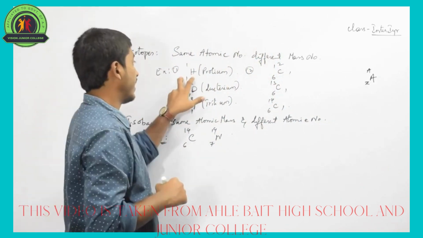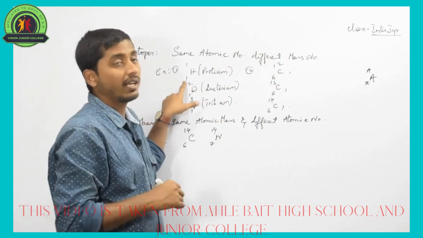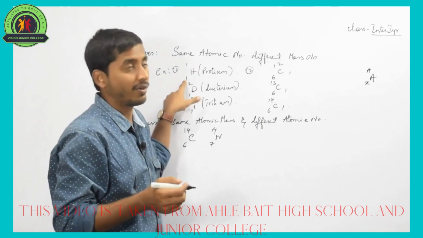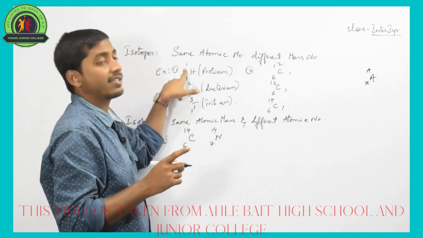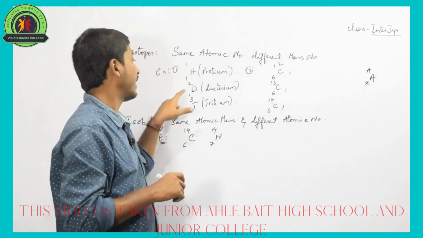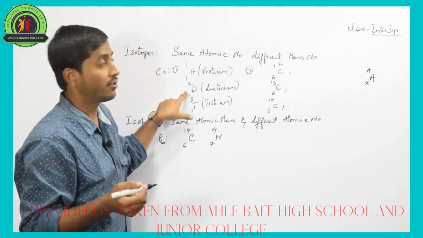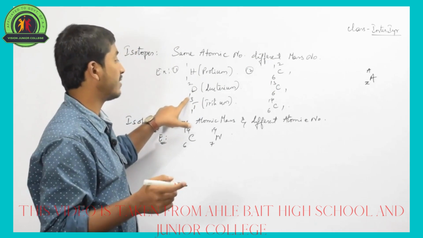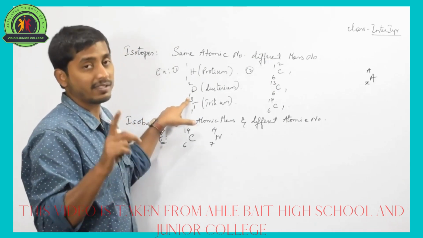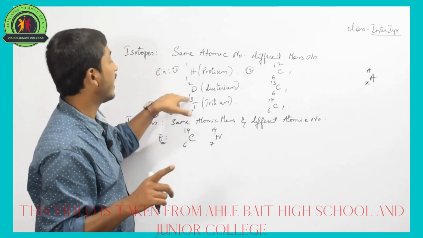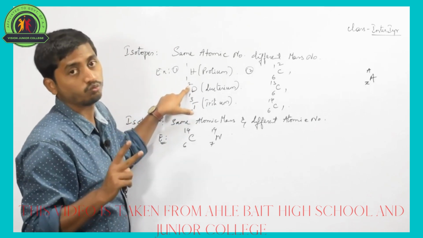You can see here the example is hydrogen-1. Here the number of protons or electrons is 1, and this is the mass number. And deuterium is also a hydrogen isotope, whose atomic number is again 1 and mass number is 2.